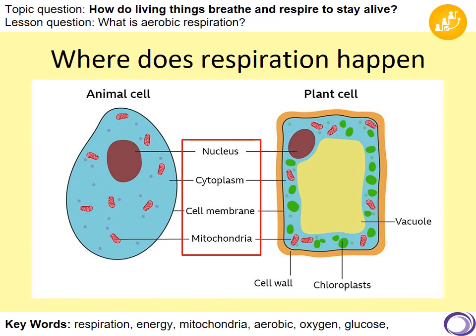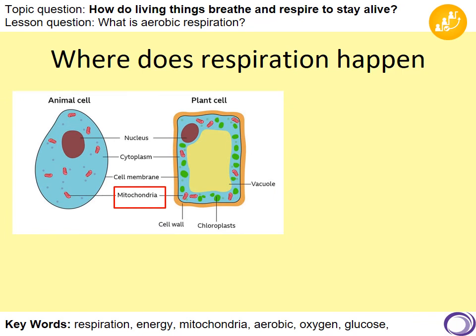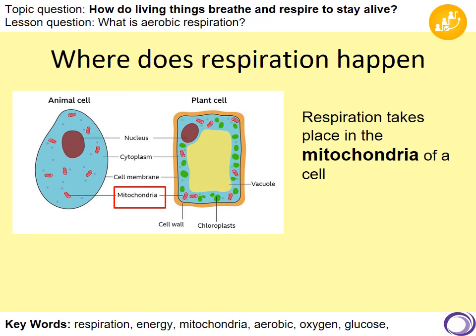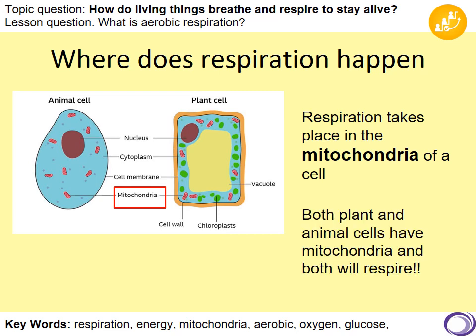But the mitochondria are specifically for respiration. So respiration will take place in the mitochondria of the cell. And both plant and animal cells have mitochondria, so they both respire.